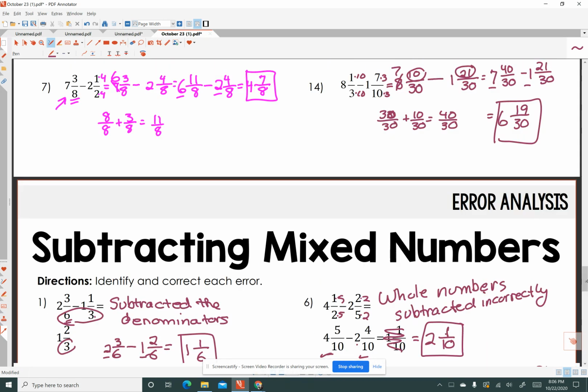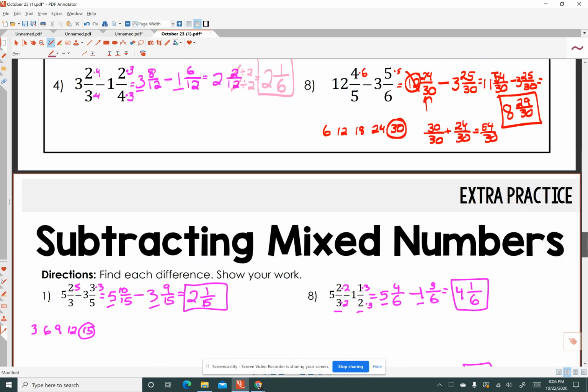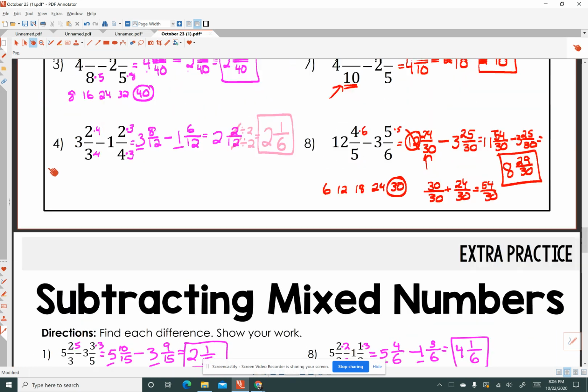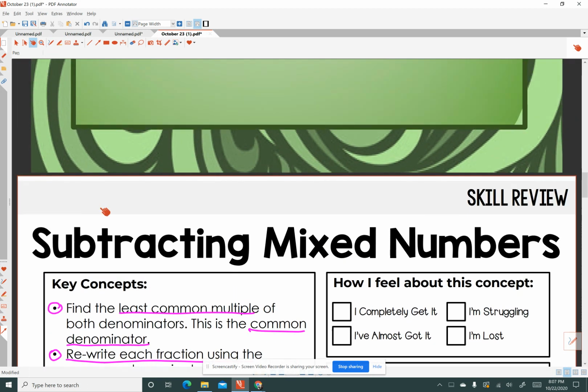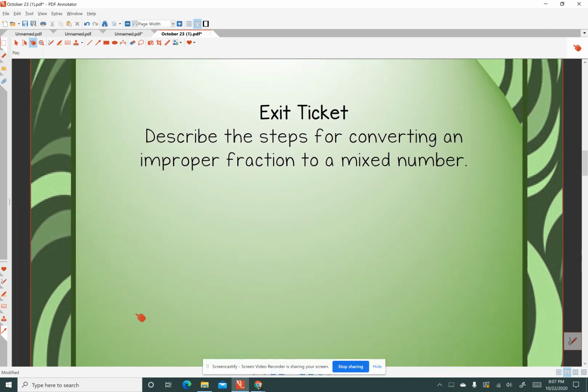So let's go back to our exit question. The exit question says to please describe the steps for converting an improper fraction to a mixed number.